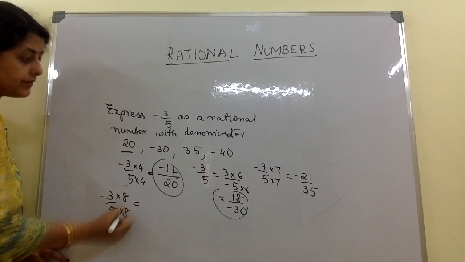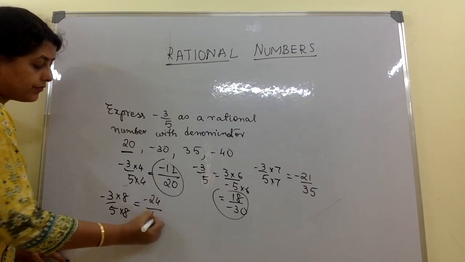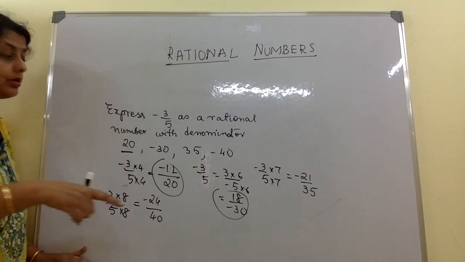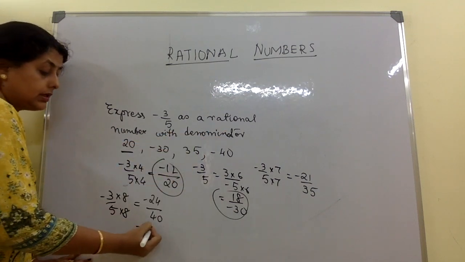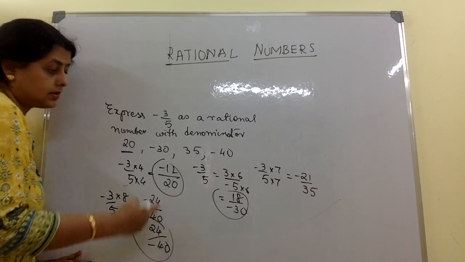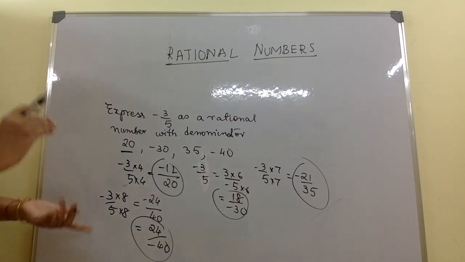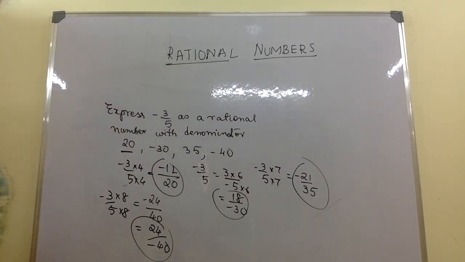That gives me -24/40. But that is not what they want. They want the minus with the 40 in the denominator. So shift it. Okay, so here is my answer. Here are my 4 answers. That is how the same number with different denominators can be made.